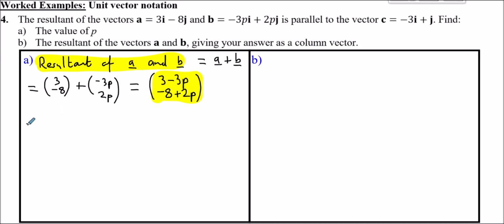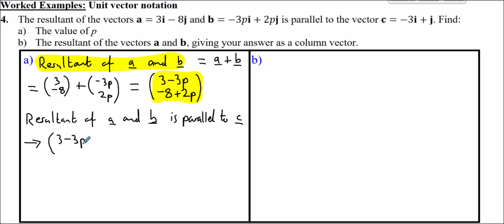So we can now say, because the resultant of a and b is parallel to c, then this implies that the resultant of a and b, which is 3 minus 3p on top, minus 8 plus 2p on the bottom, is some scalar multiple, let's again call it lambda, some multiple of c, which is minus 3 on top, 1j, so 1 on the bottom.